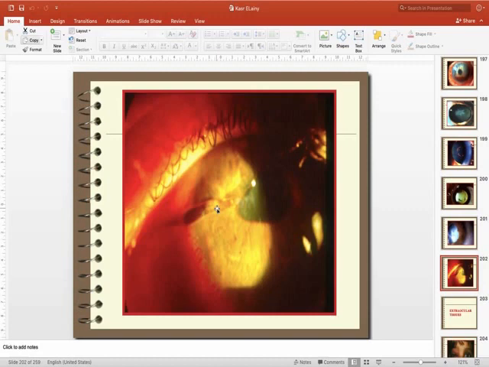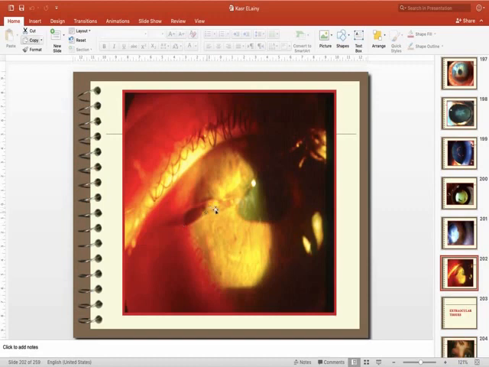We have to close this corneal laceration, and we have to put the iris back in place. And it's preferable to do that in the first 6 hours of trauma, because if the patient presented to you later than 6 hours, you will find necrotic tissue over the iris, and it's contraindicated to reposition this necrotic tissue inside the eye, so you are going to cut the necrotic tissue out.